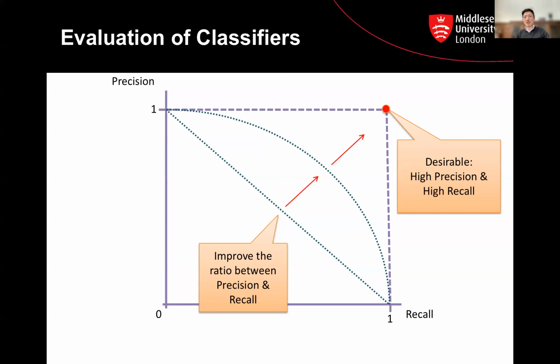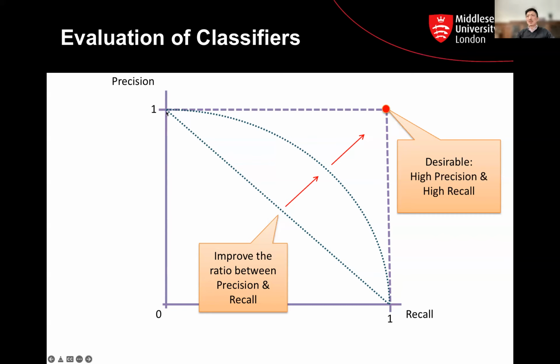For example, if you need to decide which person in the data set has cancer, and you answer that everyone in the data set has cancer, then you are not missing anyone who actually has cancer because you include everyone. But the precision will be quite low because you're including lots of people who do not have cancer in the results as well.